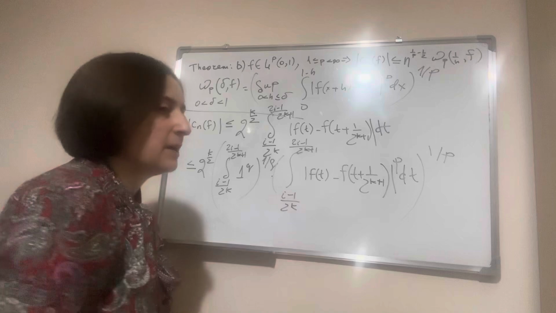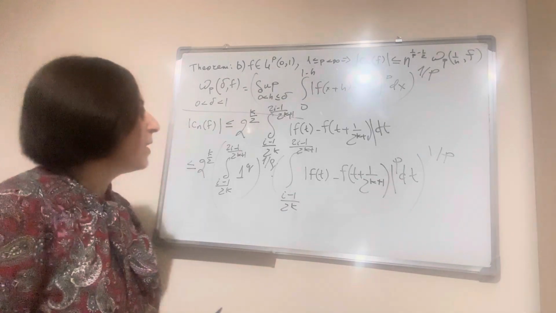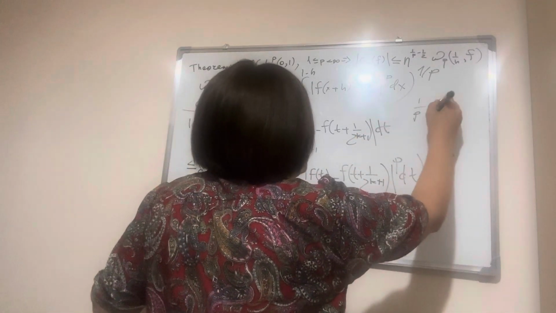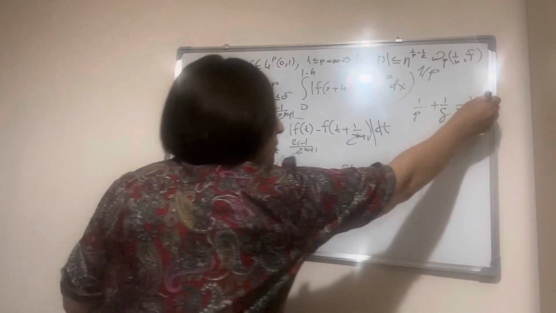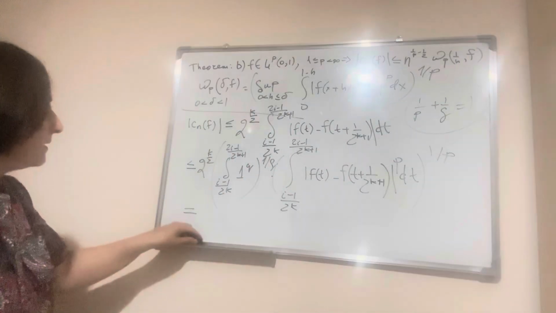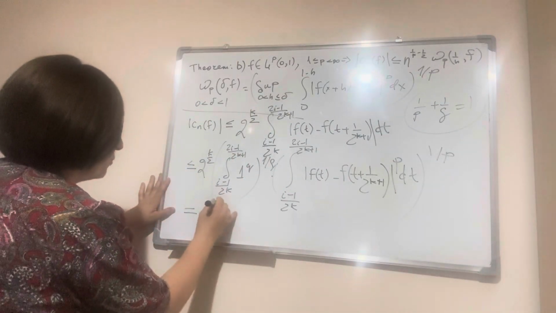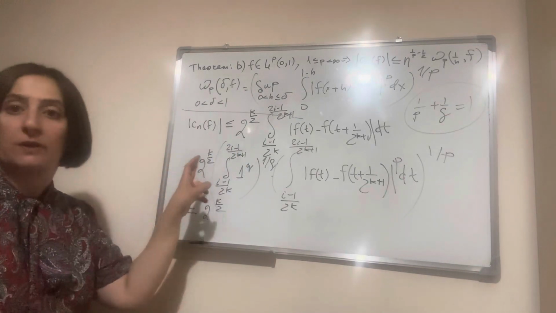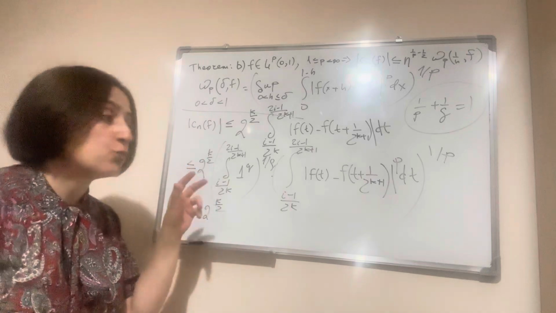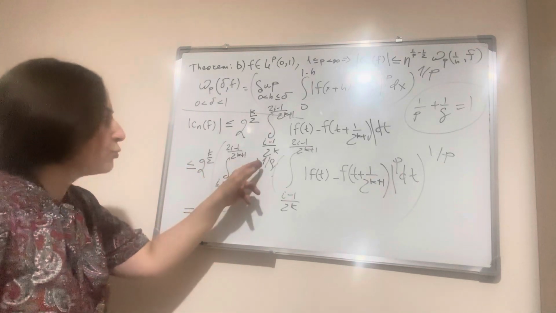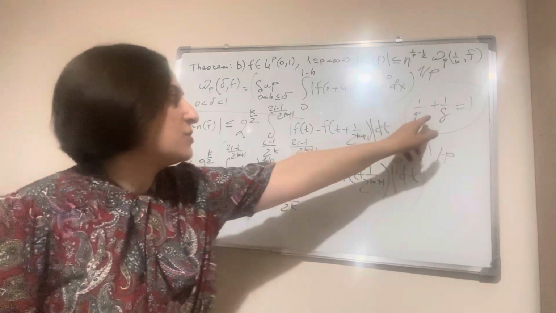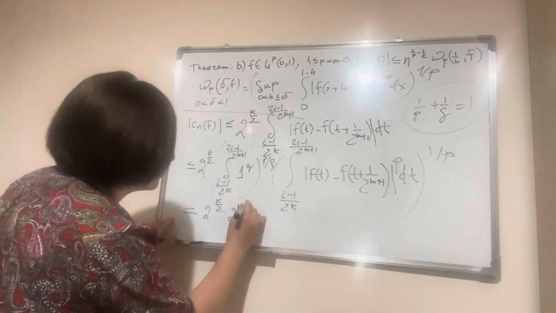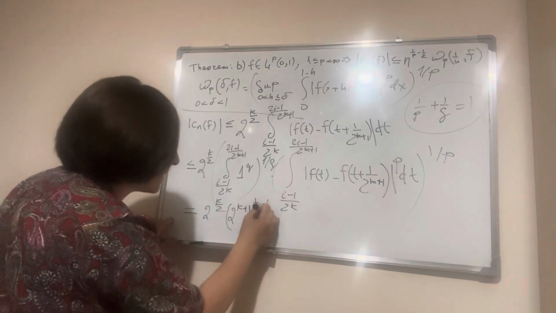this second factor here. Now the coefficient: of course, 1 over p plus 1 over q is 1. Now we will have 2^(k/2), and then the length of the interval of integration is 1 over 2^(k+1), raised to power 1 over q, and 1 over q is 1 minus 1 over p. So I can write here (2^(k+1)) raised to 1 over p minus 1.